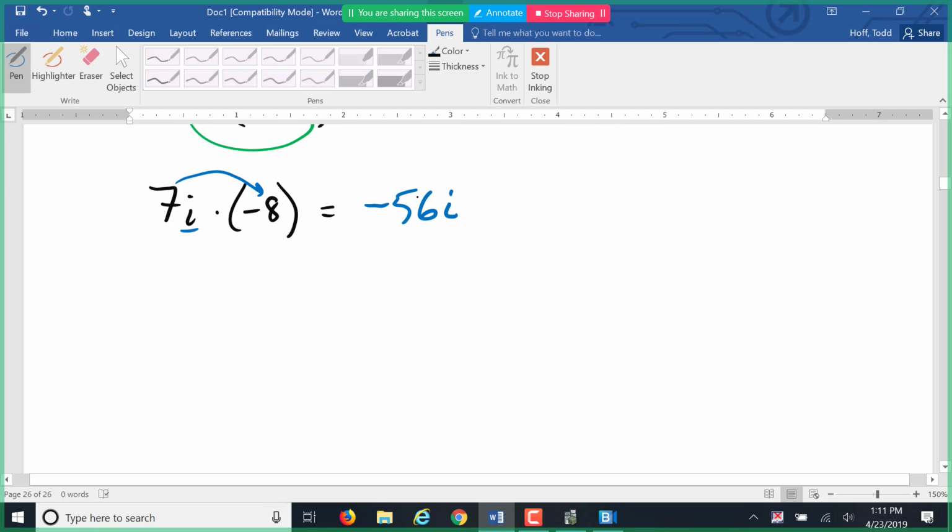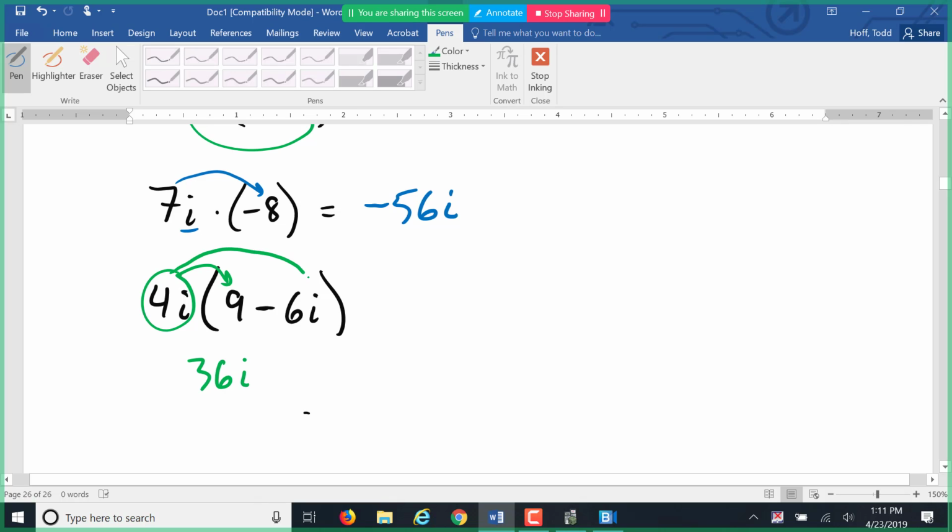It gets a little bit more interesting when we jump up to distributing. Things like 4i times 9 minus 6i. So we do the 4i times 9. Well, 4 times 9 is just 36. 4i times a negative 6i.